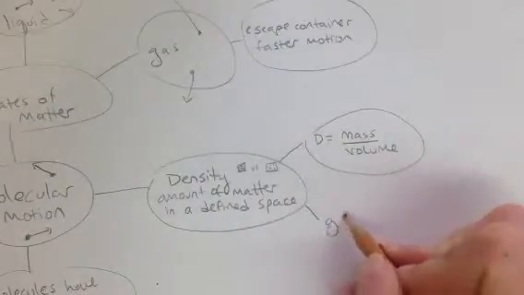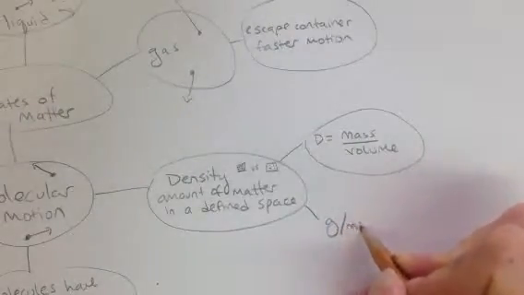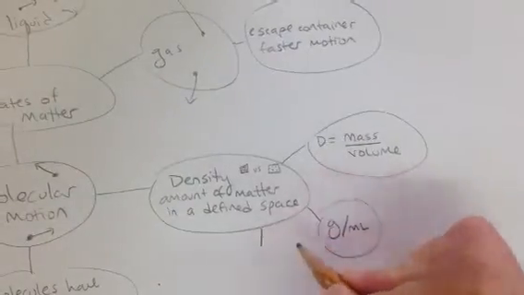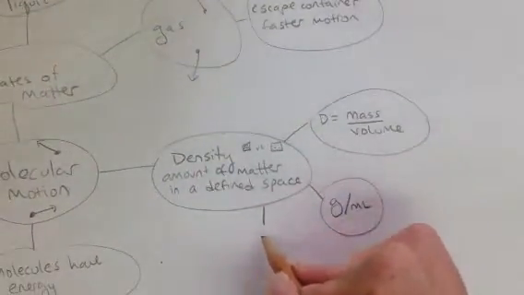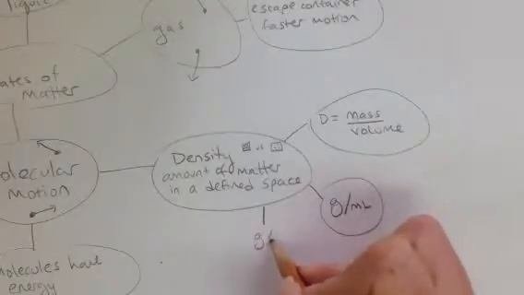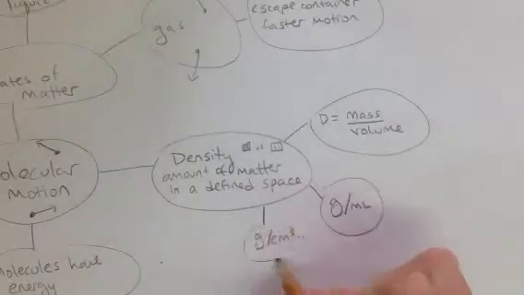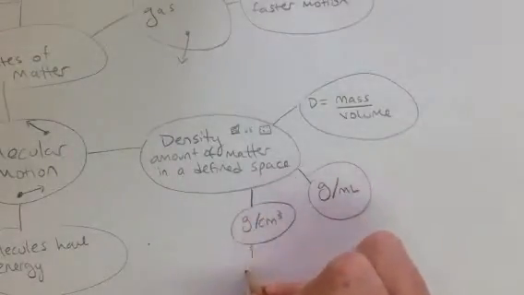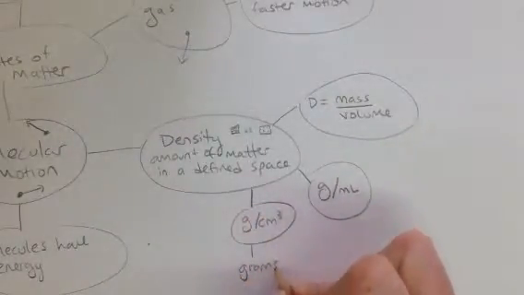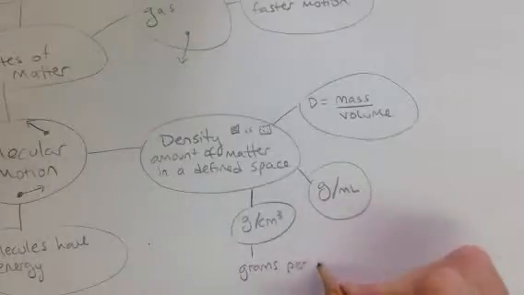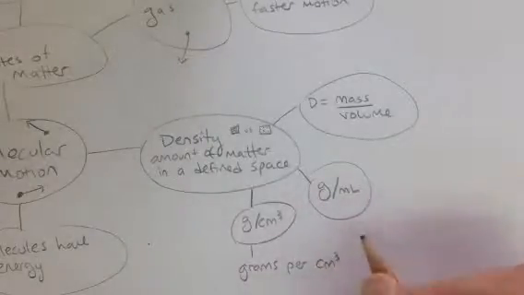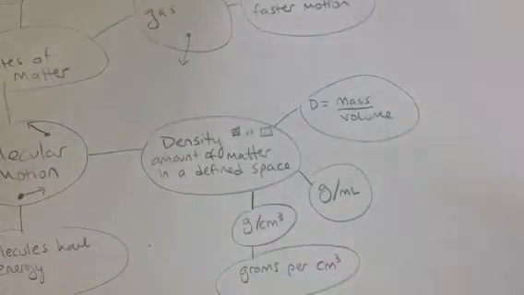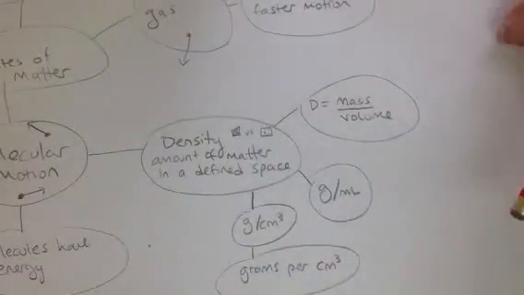We can have grams per milliliter, or we can also have grams per centimeter cubed. And I think a lot of students are having trouble with that line meaning per, so I'm going to even write that out. Grams per centimeter cubed.